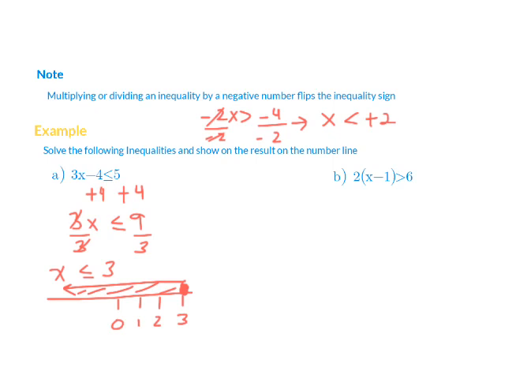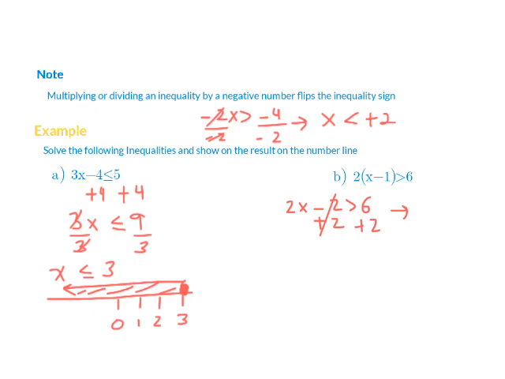Now in part B, I have 2 times x minus 1 is greater than 6. So first I'm going to expand my bracket. So I have 2 times x is 2x, minus 2 times 1 is 2, is greater than 6. So I will add 2 to the left hand side and 2 to the right hand side.